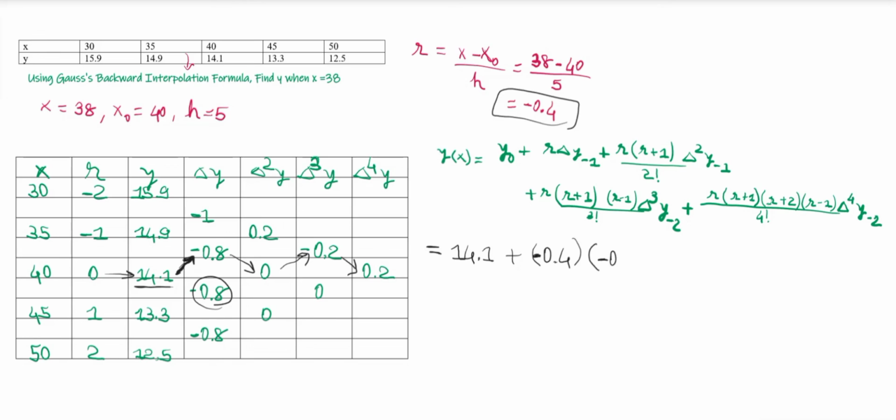It is minus 0.8. Then delta square y is 0. Delta cube y is minus 0.2.